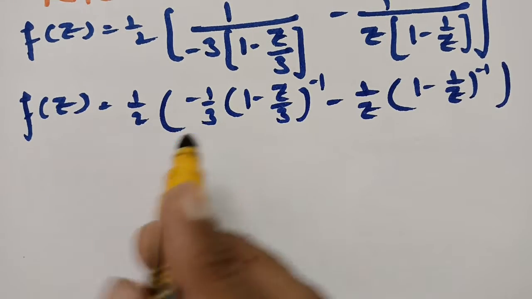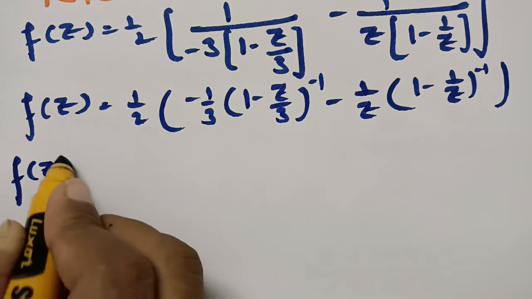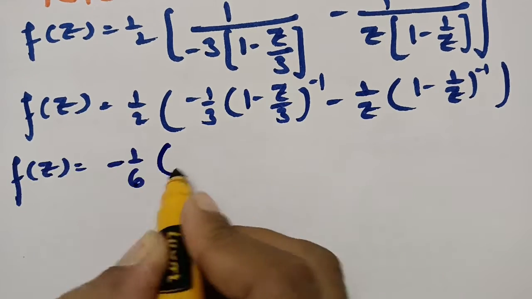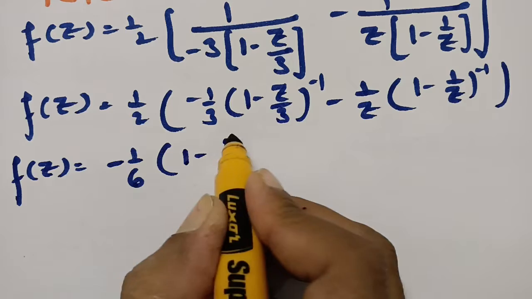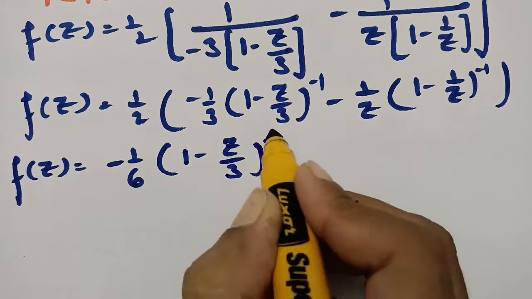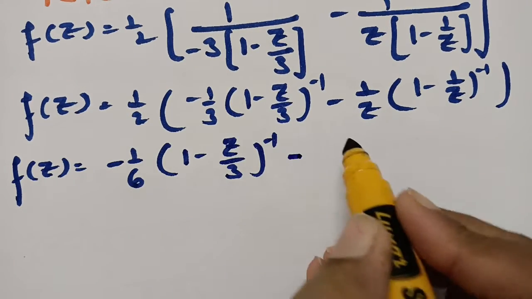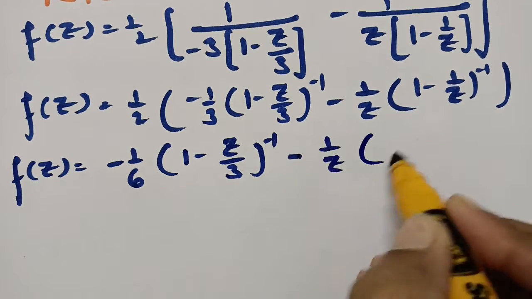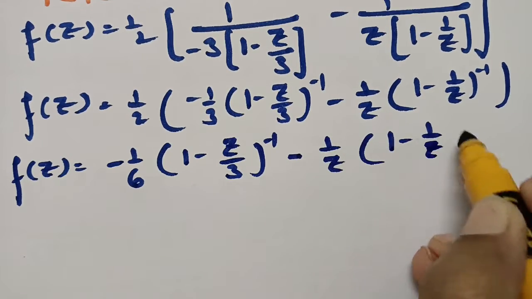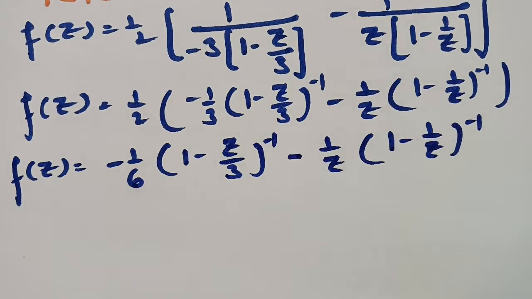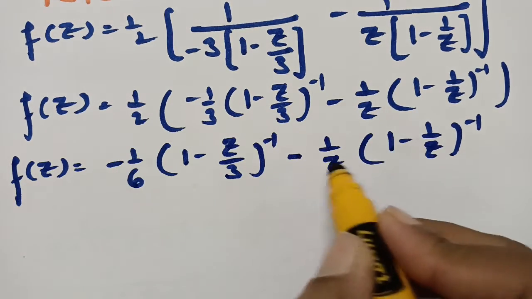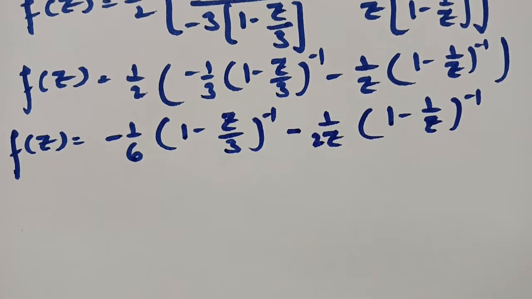Now if I multiply with half, this will be minus 1 by 6 times of 1 minus z by 3 inverse, and minus 1 by z times 1 minus 1 by z inverse.